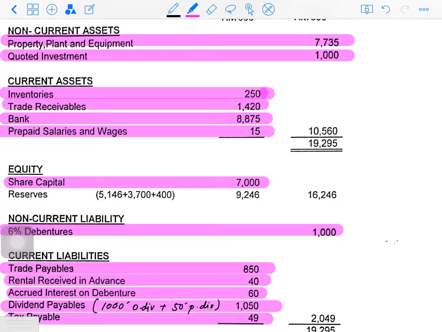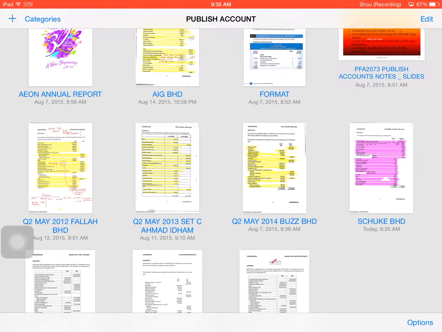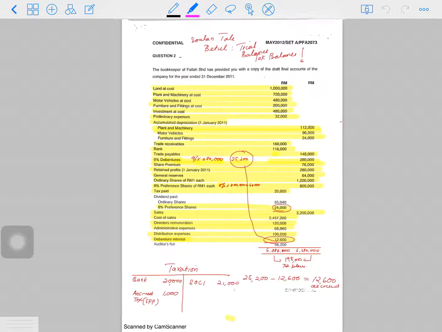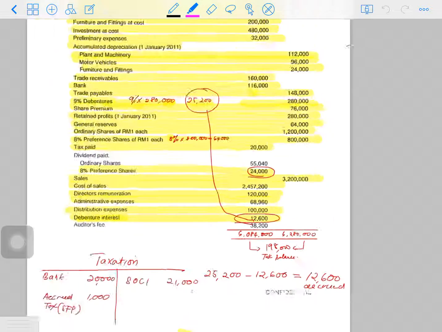Any question? So we are technically finished with published account. I have gone through quite a number of final exam questions. But there is one final exam question which is itself wrong, if I'm not mistaken, the question for Falah Berhad.